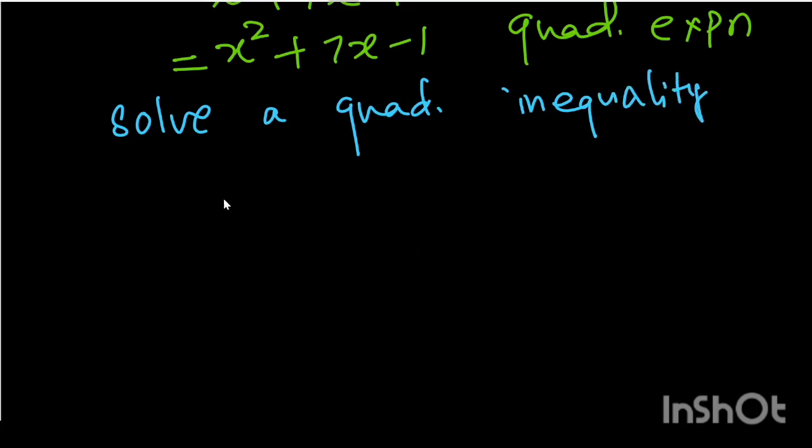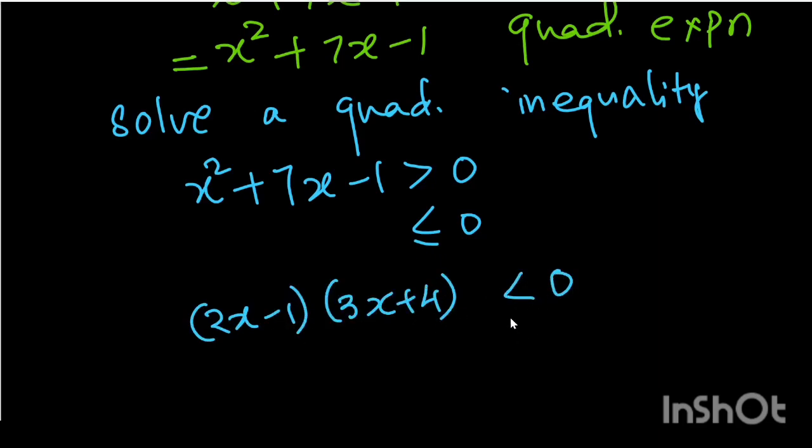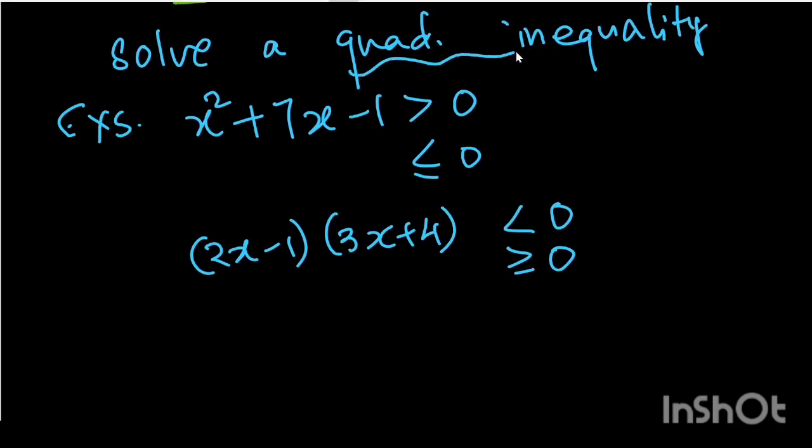Quadratic inequality means a quadratic expression like the above expression, if I replace it by greater than 0, less than 0, less than equal to 0. Or in factor form also, like 2x minus 1 into 3x plus 4 less than 0, let's say greater than 0, greater than equal to 0. These types of examples belong to what we call a quadratic inequality.